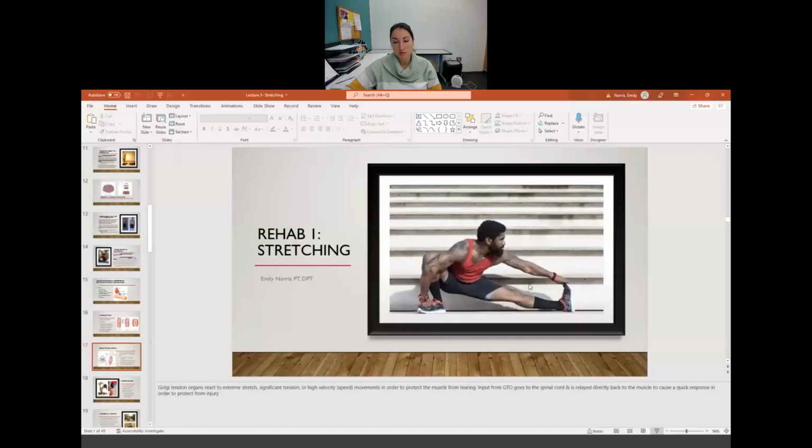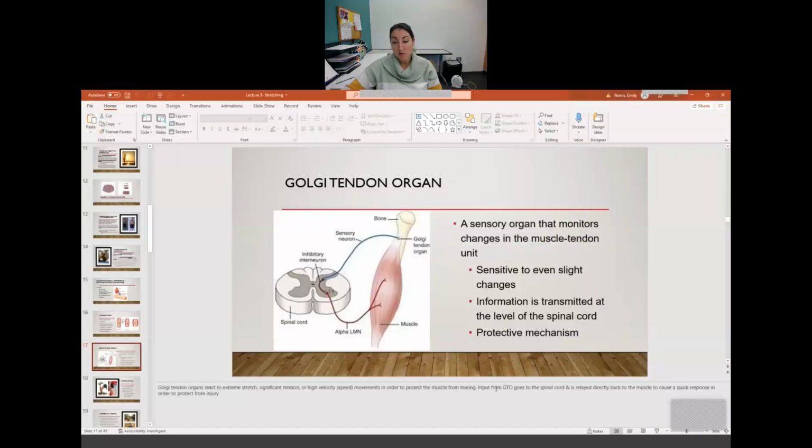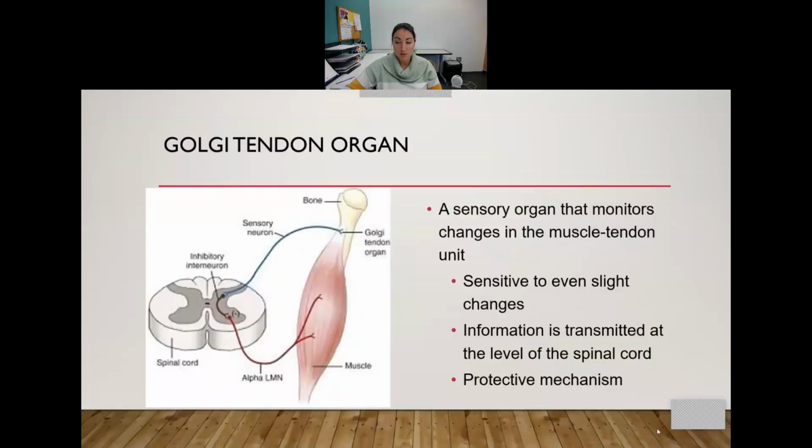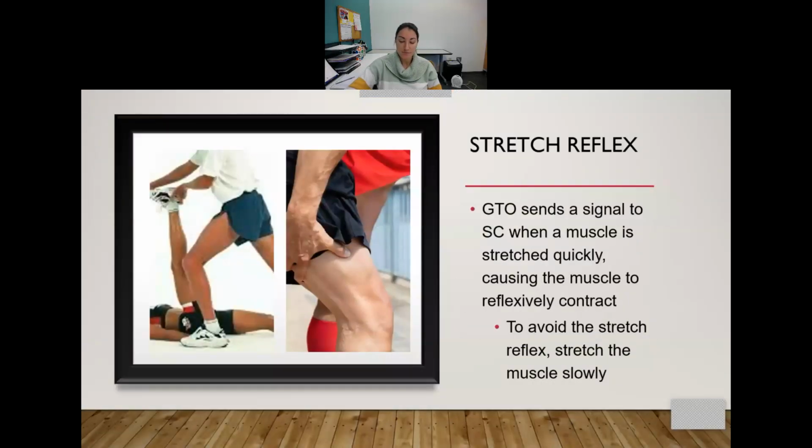Golgi tendon organs react to extreme stretch, significant tension, or high velocity movement. They're there to keep your muscle from tearing, from getting injured. All right, I'm going to make sure I said all that. The stretch reflex, that's what I just talked about.